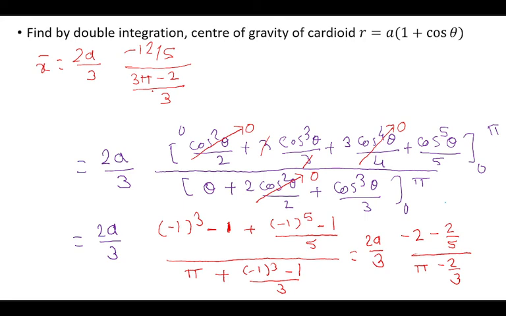So this 3 gets cancelled. Okay, let me see the last steps here. So this is equal to minus 24a upon 5 times 3 pi minus 2, is my x bar.